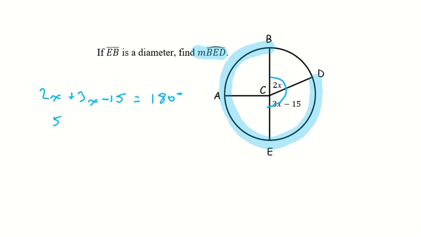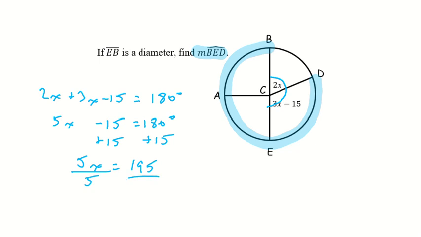And we can solve for x here, combining like terms. And x equals 39.